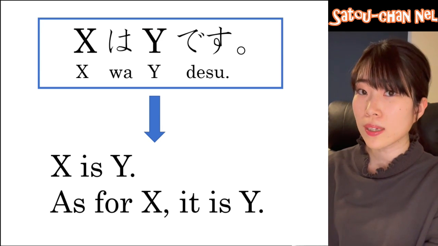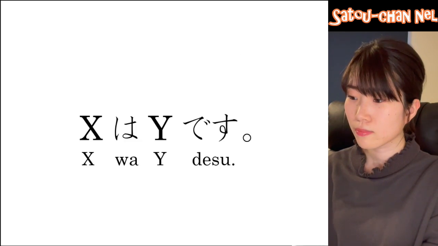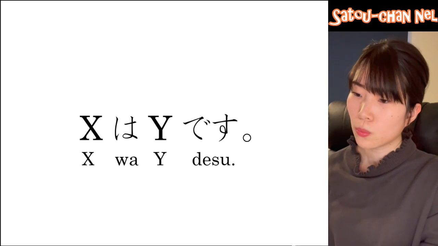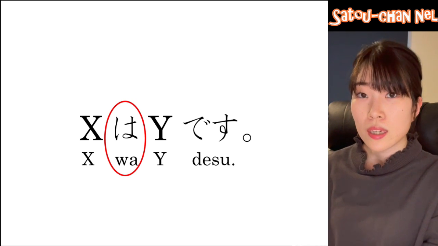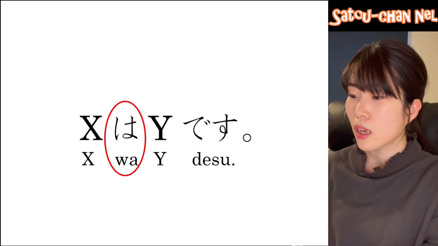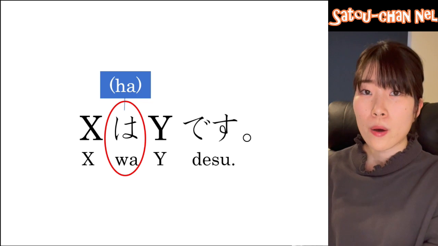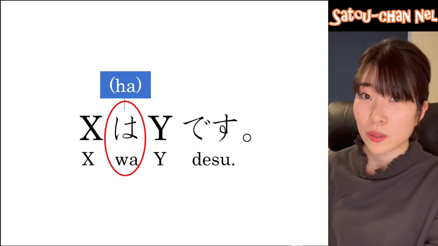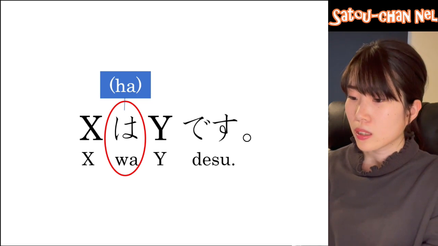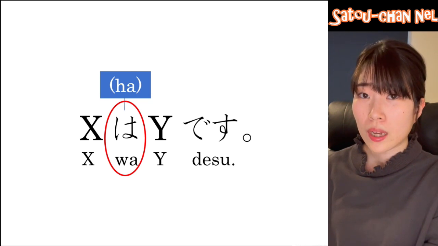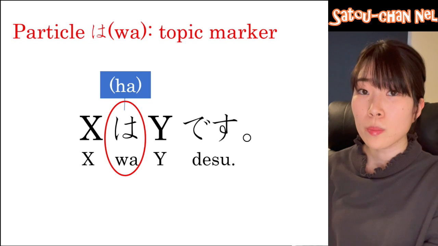This wa is a particle. The hiragana itself is ha, but when it's used as a particle, it's read as wa. This particle wa is called the topic marker.